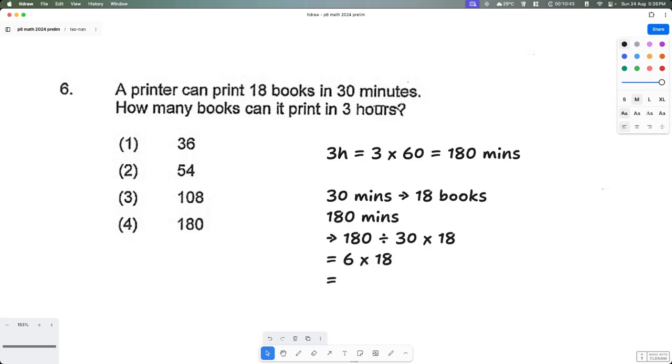If I were to put 18 times 6, 6 times 8 will be 48, so this will be 8 and 4 at the top. 1 times 6 is 6, so 108. Correct. So this is 108, option number 3 in this case.